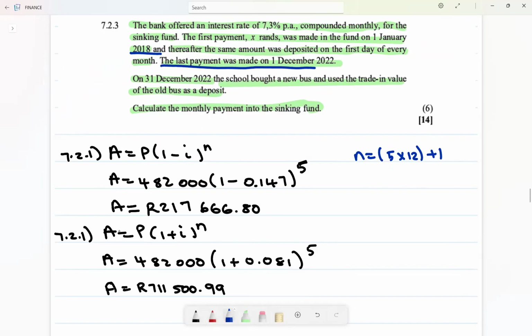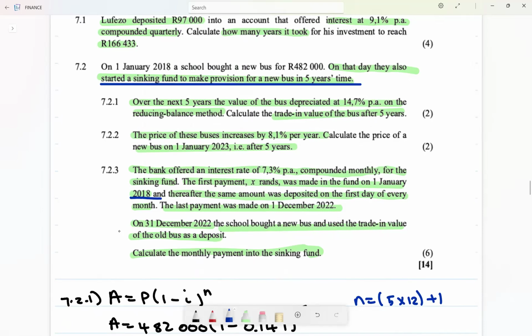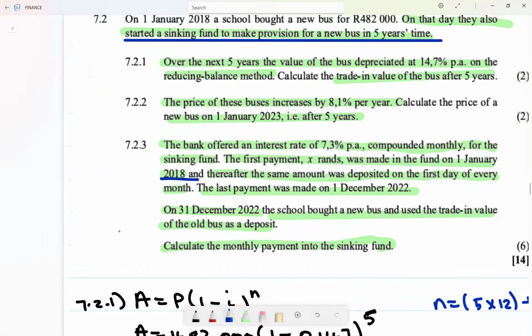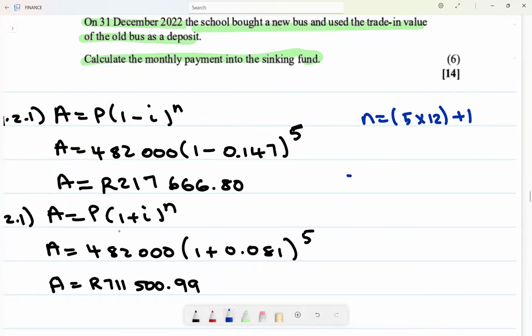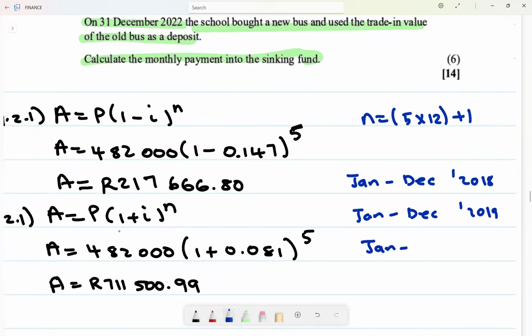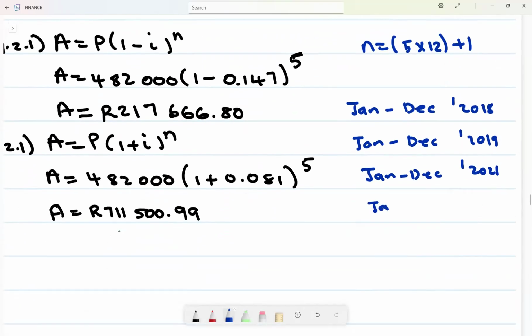And then the last payment was made on the 1st of December 2022. Let's see. From January 2018 to December 2022. It is 4 years. How do I know it is 4 years? Let's check. I need to confirm. January to December 2018, January to December 2019, January to December 2021, January to December 2022.